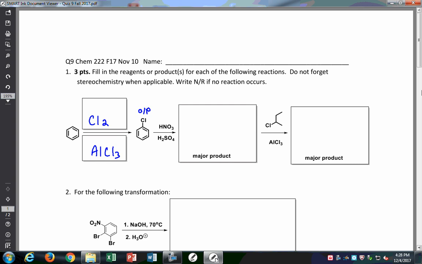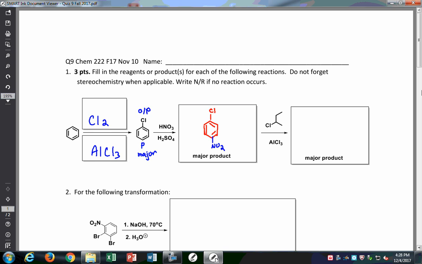But para is going to be major. Our minor, because of sterics, would be ortho. So our para is major. And of course, that's going to put NO2 onto the ring.